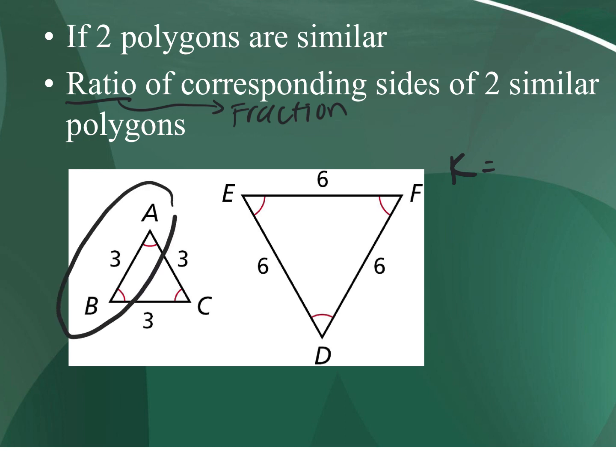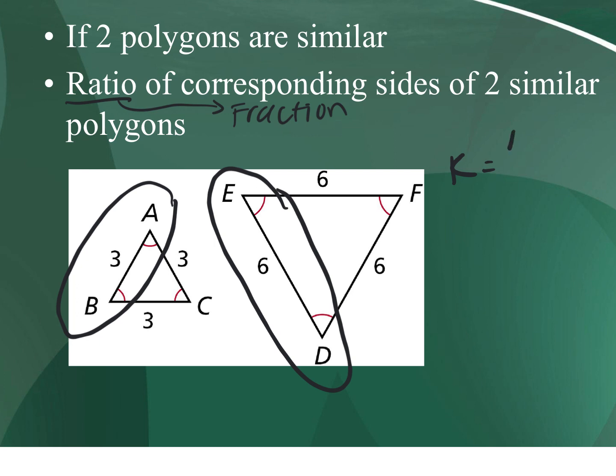AB matches up with what? ED or FD. Now, in this case, it doesn't really matter, right? Because all of the angles are congruent. So technically, any of these sides could be the match, right? But in other figures, it will matter, okay? But in this case, we can say, okay, AB is proportional to ED.